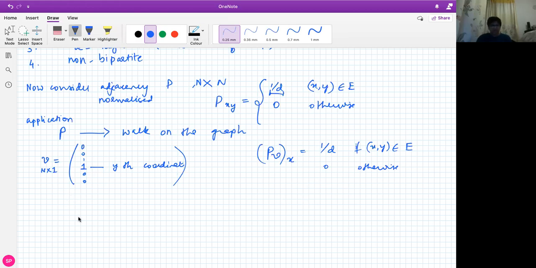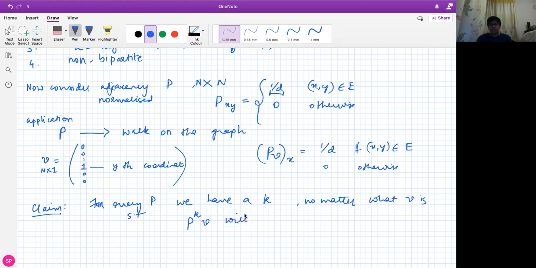Now what we are going to claim is that for every such P, we have a K such that P^k v, no matter what v is, will converge to a uniform distribution on all the vertices.